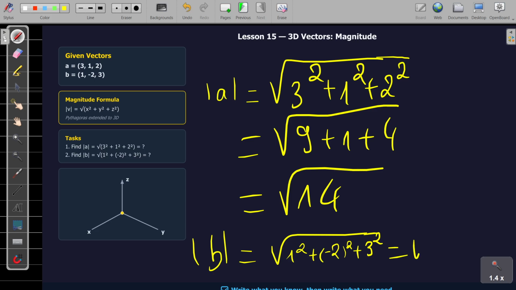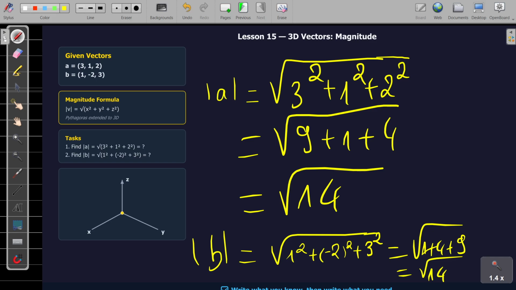This would be 1 plus 4 plus 9, which is going to be basically square root of 14 and somewhat the same. So in terms of magnitude, still the same, even with negative coordinates. So it's an interesting coincidence here. Both vectors have the same length, but they point in different directions.